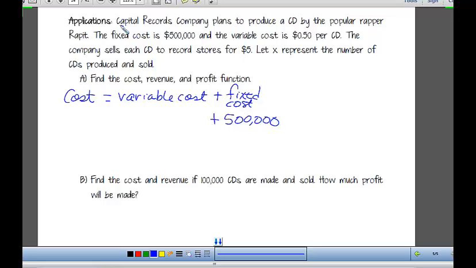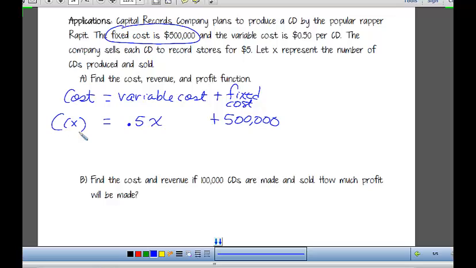Okay, the variable cost is 50 cents per CD. So if X represents the number of CDs, then it's, very good, 0.5X plus 500,000. So C of X equals 0.5X plus 500,000. Okay, that's how much it costs them to produce these X CDs.